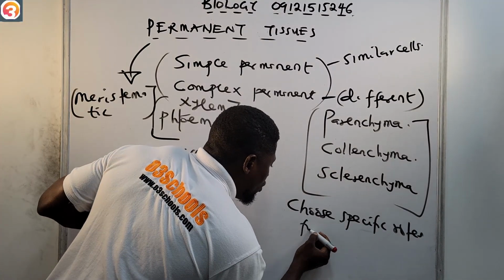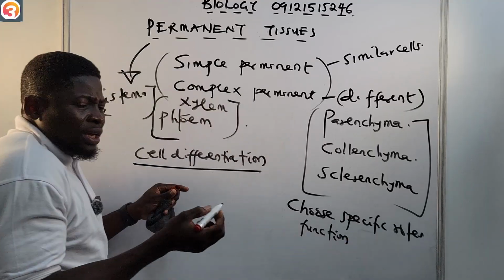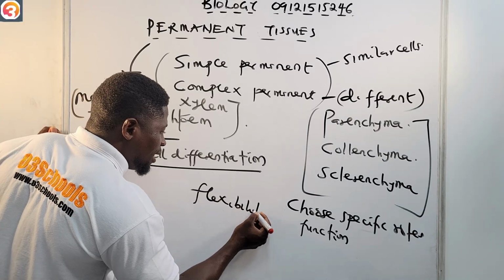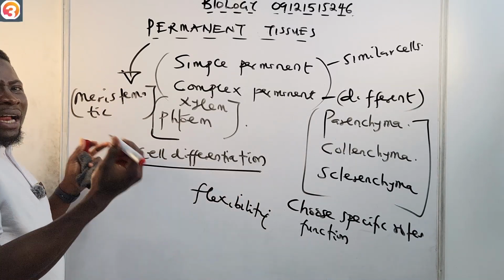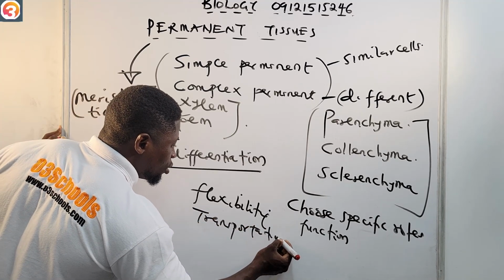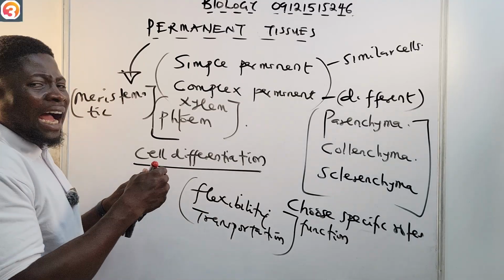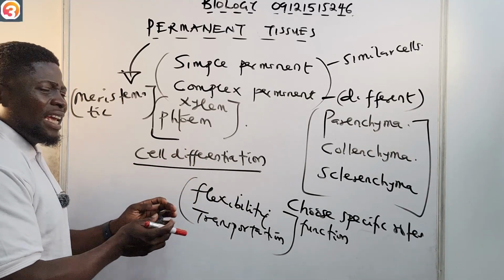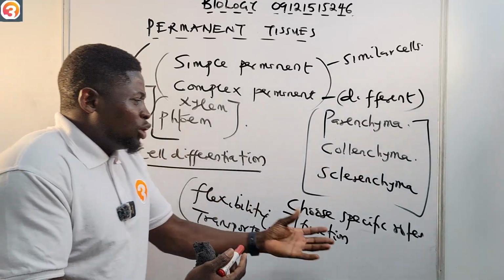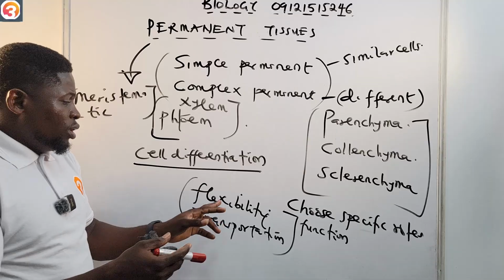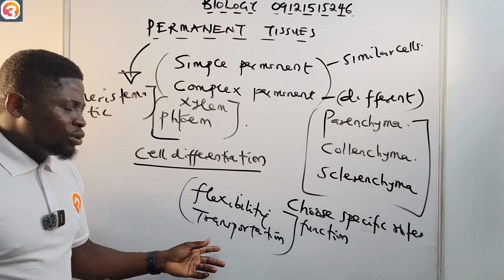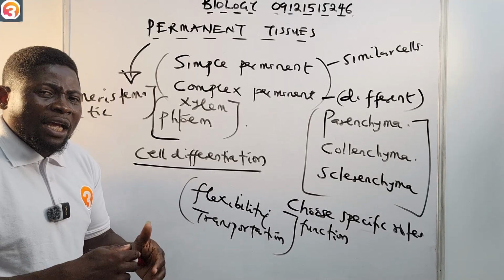For example, a cell might choose to give flexibility to the plant, while another one may choose to help in transportation of materials.